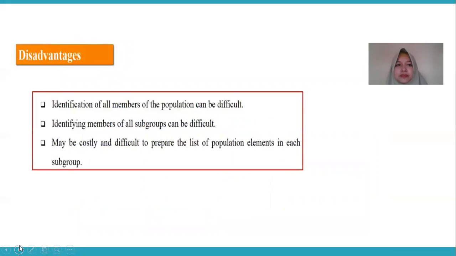On the other hand, the disadvantages are that identification of all members of the population can be difficult, and identifying members of all subgroups can be difficult. It also may be costly and difficult to prepare the list of population elements in each subgroup.